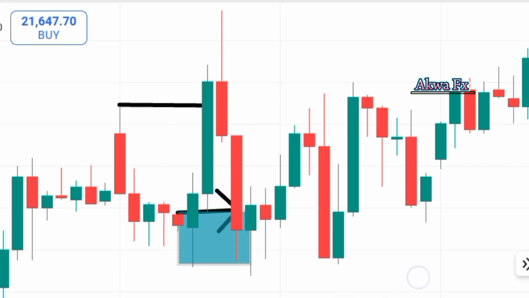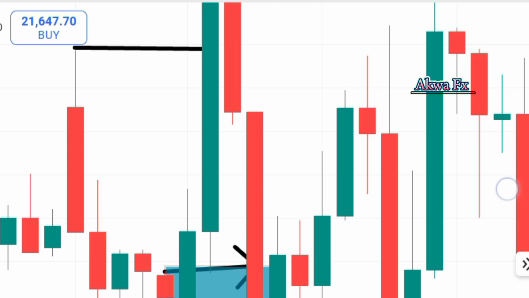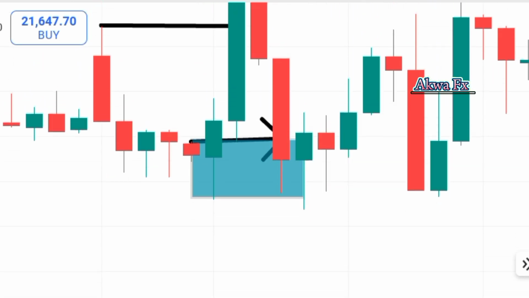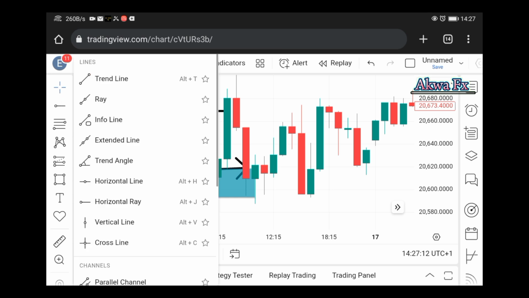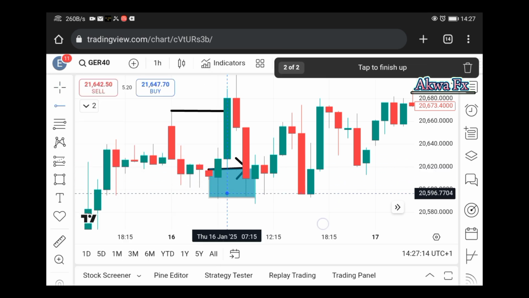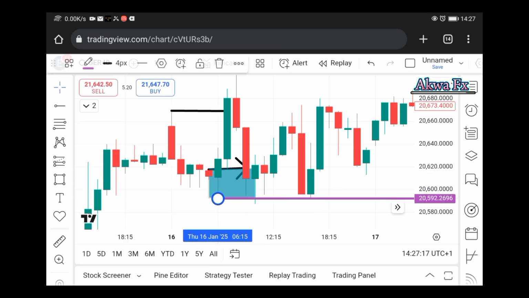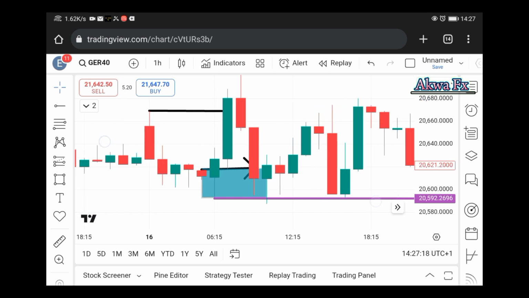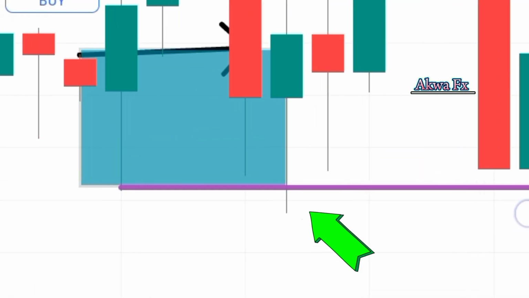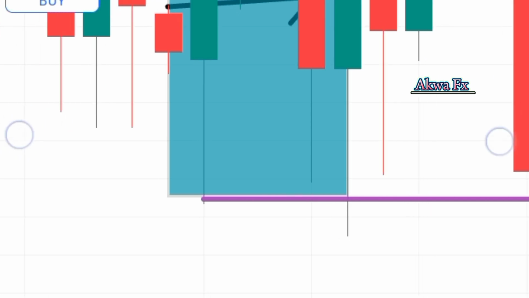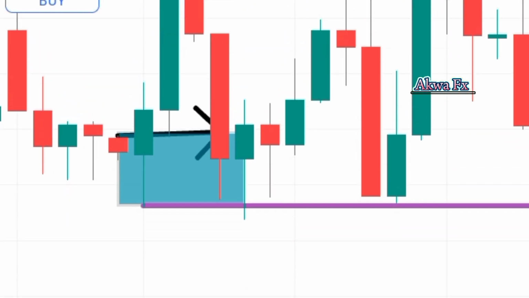As you can see, that is where it ends. But something happened right here. The market comes back down and breached the zone to the upside, thereby breaking structure to the upside.